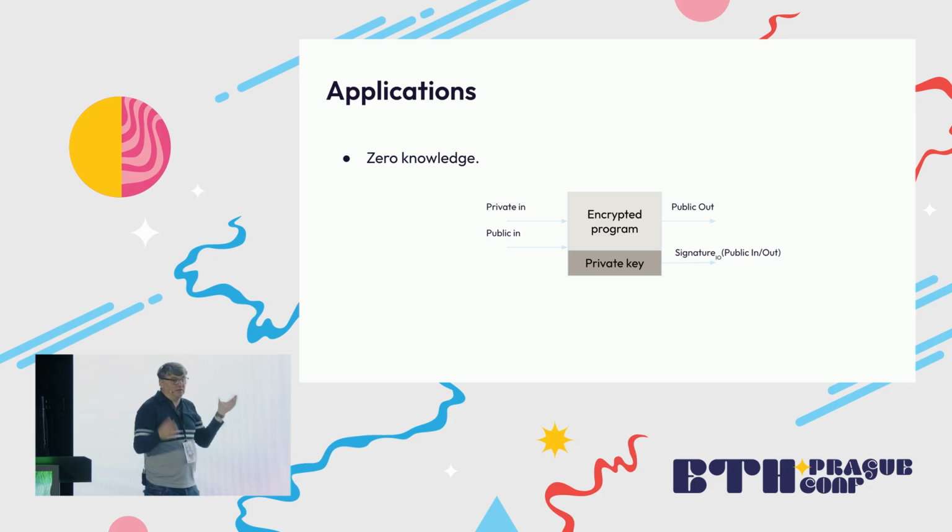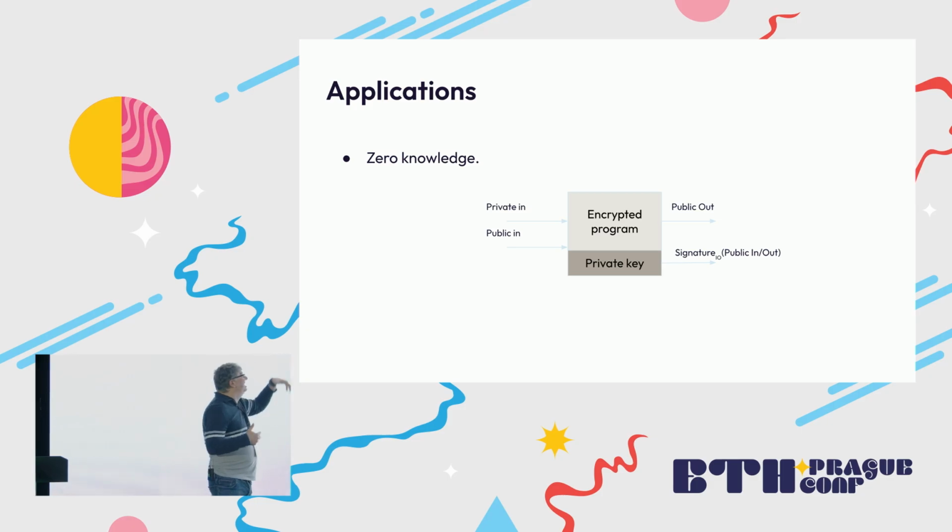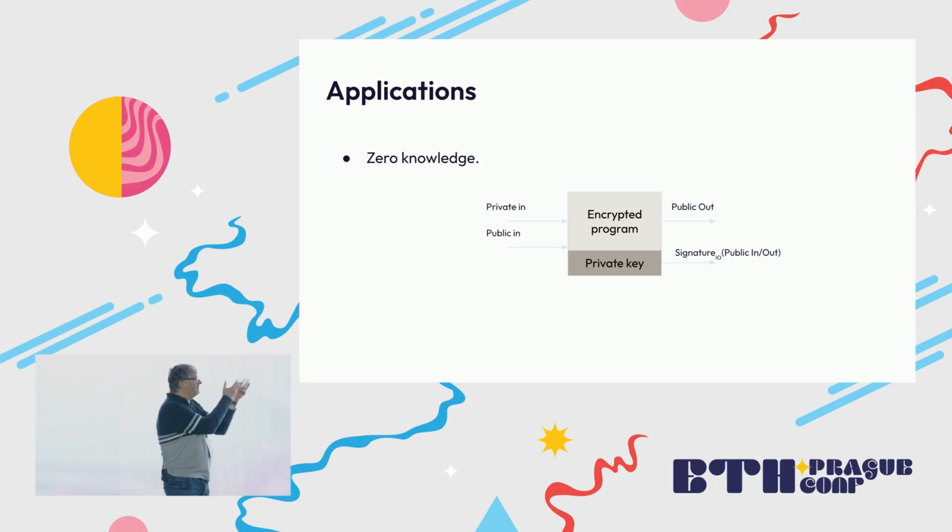You have a private key that nobody knows, but you may have a public key that's already known. The private key generates the public key, so everybody knows the public key, but nobody knows the private key. You take any input and execute the program, and if the public output is valid, you sign this public input-output with the private key that's inside the box.